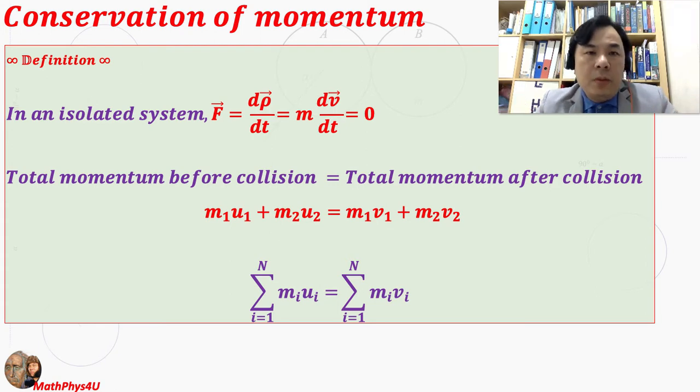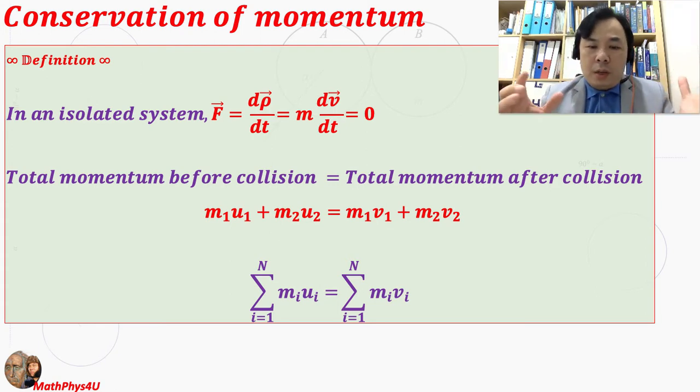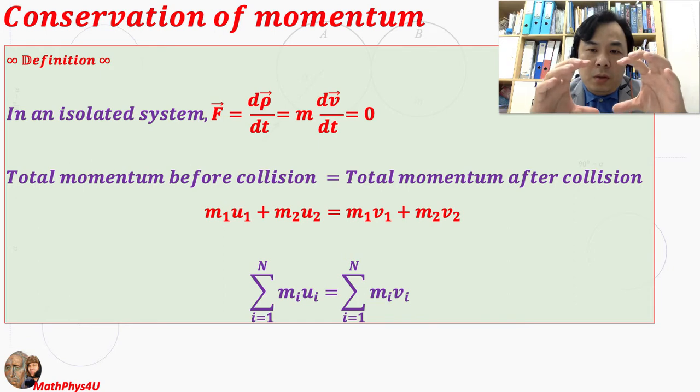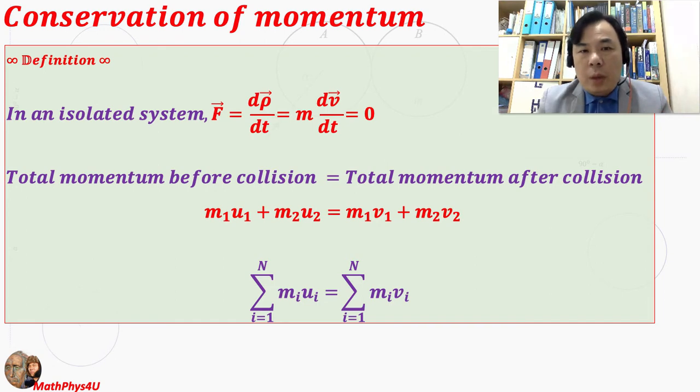First of all, you have to make sure that your analysis involves an isolated system, where the system of consideration only involves that particular domain, and there is no external force acting on the objects involved in the collision. That is called an isolated or closed system.